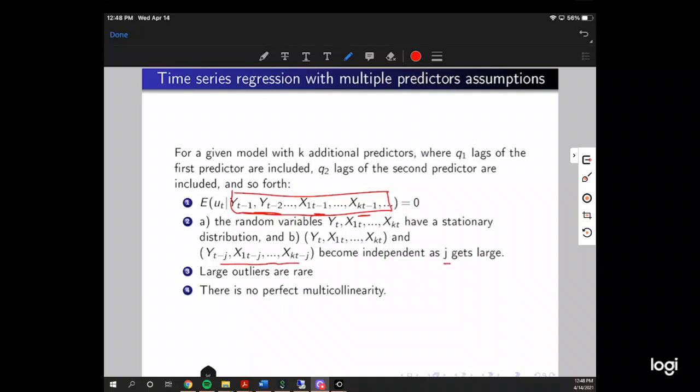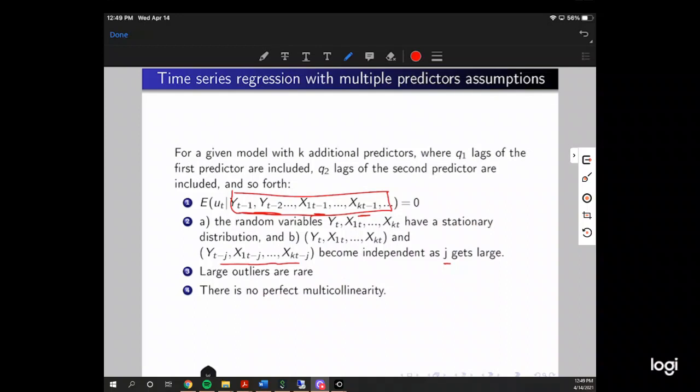So as the difference in time periods becomes large, we're subtracting j time periods. We might think of this as 10 years previously. The variables become independently and identically distributed over some time period within our model.